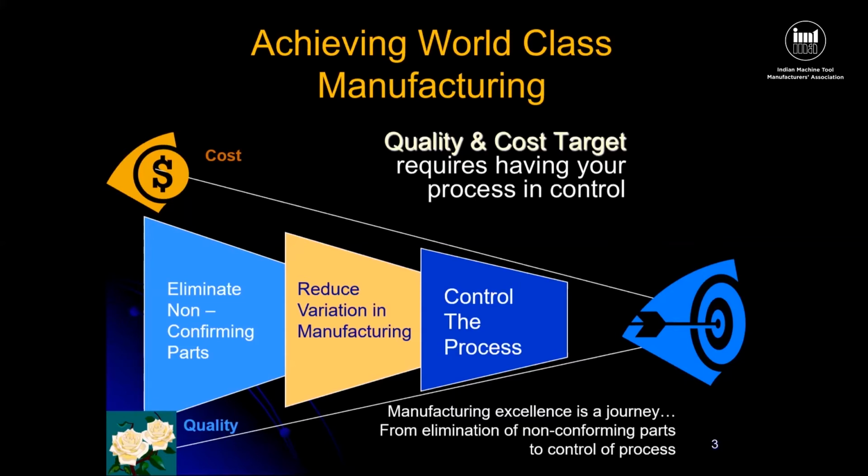Different methodologies have been used, and you must have heard of so many of them. Today, we are going to talk more about statistical process control, or SPC, and we are going to talk about some very basic ideas about process capability. So it's a very basic presentation that is going to be there today, which will try to clear all your concepts of process capability.